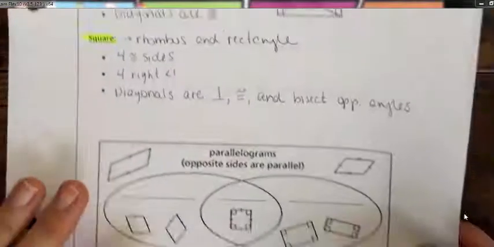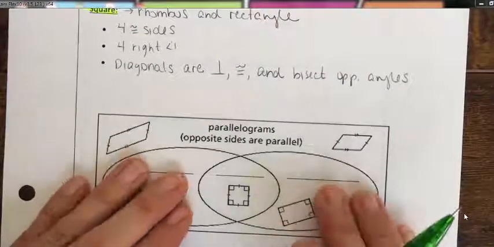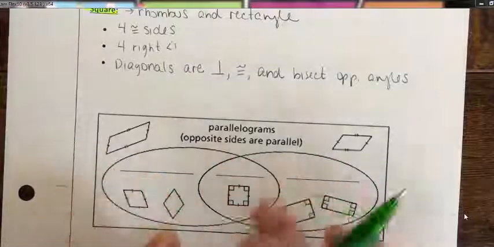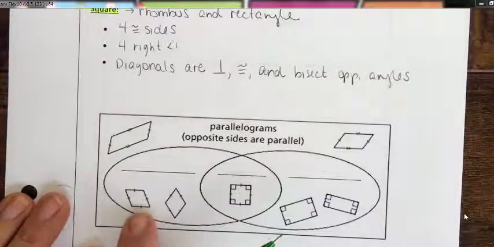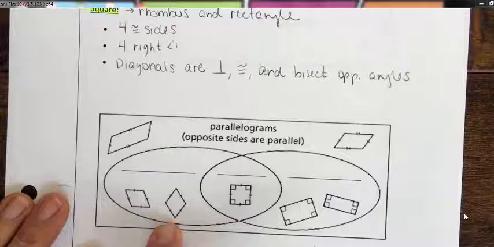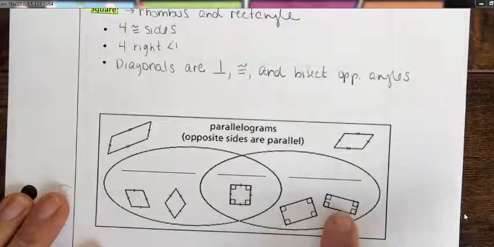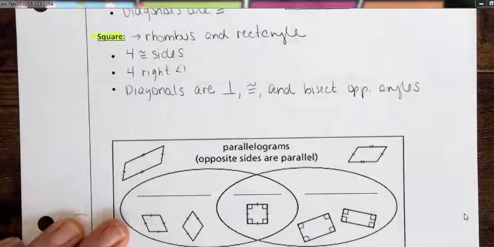So a Venn diagram basically has like 2 separate sections where things are not alike, and then they overlap where things are alike. So over here, notice I have these shapes that have all congruent sides. And then over here, I have these shapes where all the angles are congruent. They're all 90 degrees. So over here, all congruent sides, that's a rhombus.